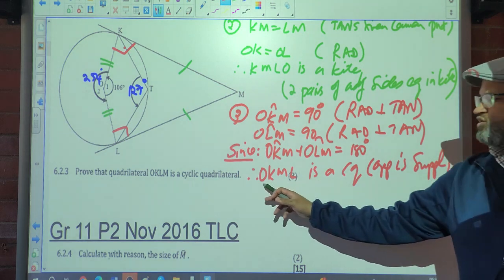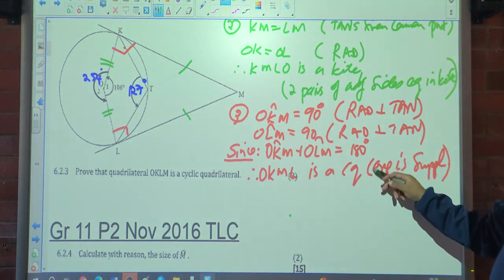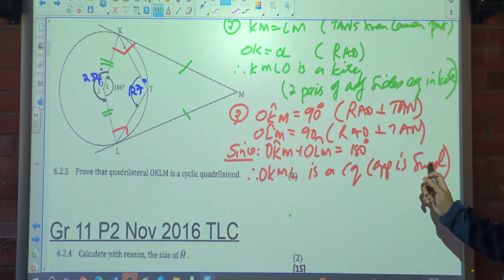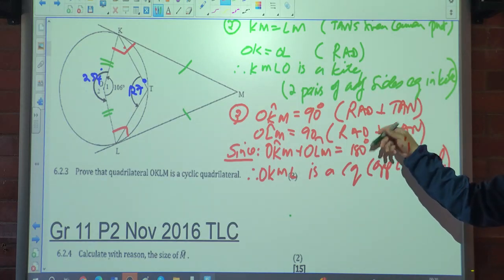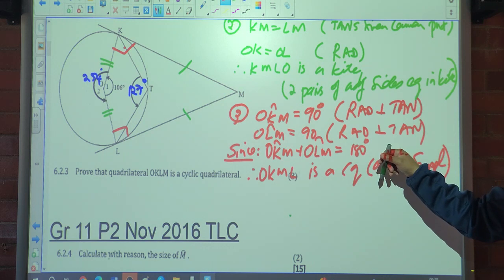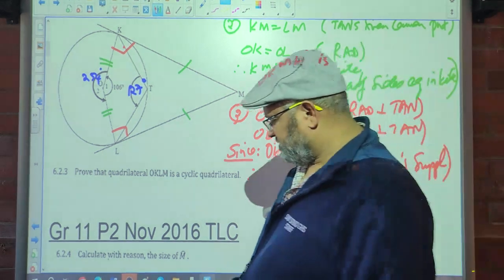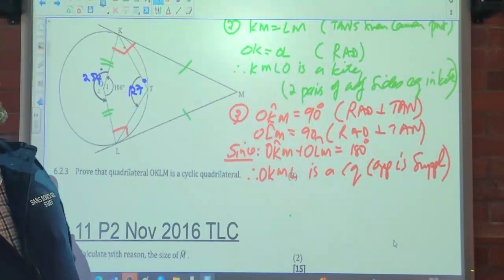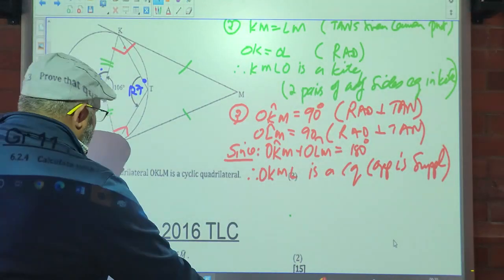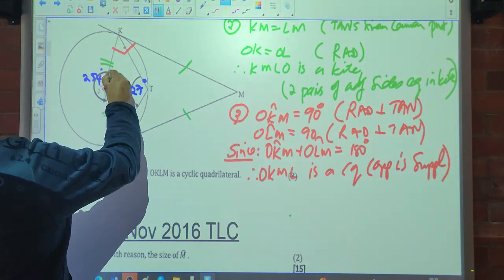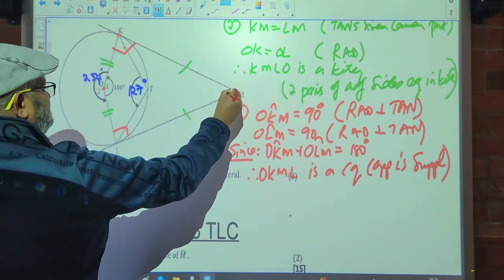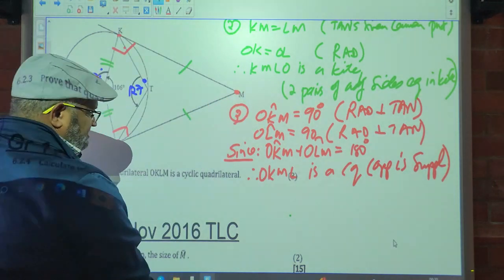But remember, if they ask you to prove it's a cyclic quad, you don't use cyclic quad in your final reason, unless you say converse. Otherwise, you will lose that mark there. So this is now a cyclic quad to us.